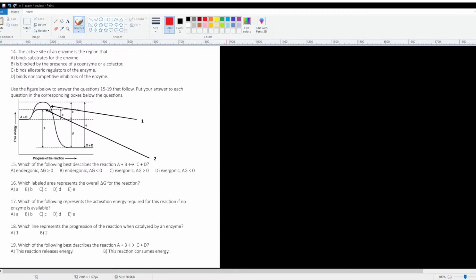So let's look at the anatomy of an enzyme. I need to have a good example of one with an allosteric site. Okay, I'm going to use a couple of different examples.